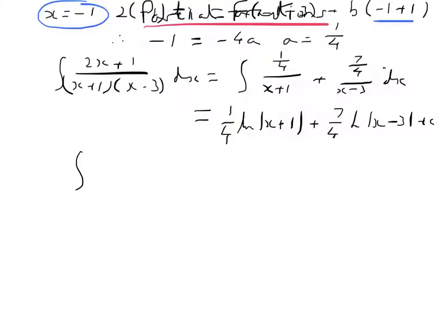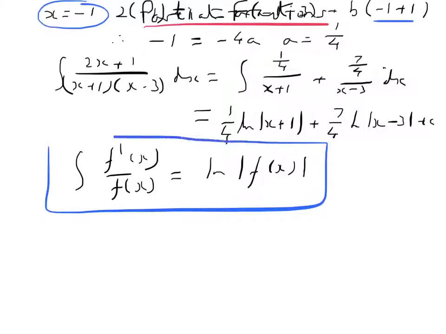This comes from the fact, we did it earlier, that f dash x over f x is equal to log f of x. Right, there's the rule that we're dealing with. Okay, so you'll find that partial fractions often end up being logs when you anti-differentiate.